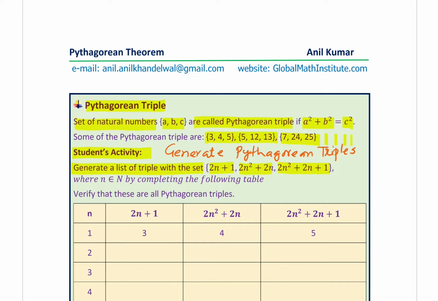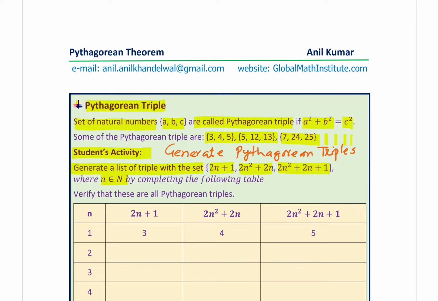Okay, so here n is all natural numbers, right? So you can say n is a non-negative integer, or a positive integer. But writing n as a natural number is better because there's no point having n as 0, right?